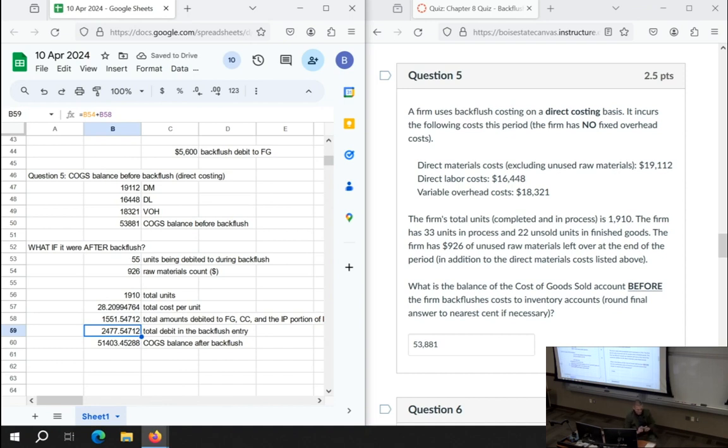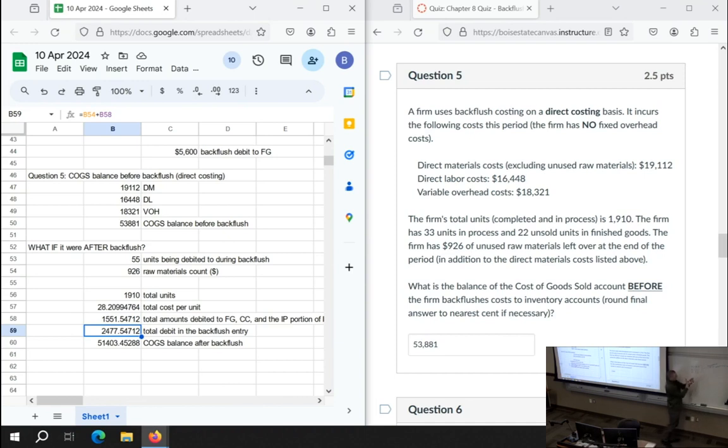So I'm trying to make things simpler by adding this little jump of logic. And maybe none of you have this question, and I'm just making a molehill, but I don't know. My point is that you're debiting these three accounts. These two have the raw materials plus all the in-process units times total cost.